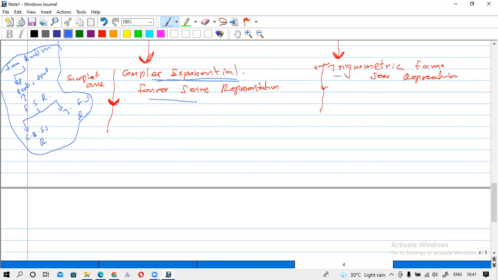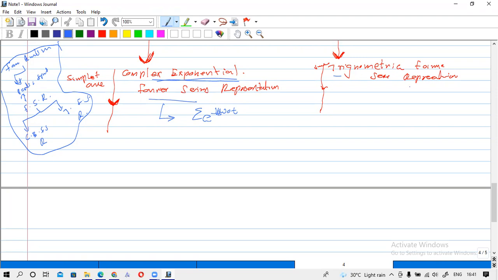Here in the complex exponential Fourier series, we are going to represent the signal as a combination of complex exponential signals, as a collection of complex exponential signals.